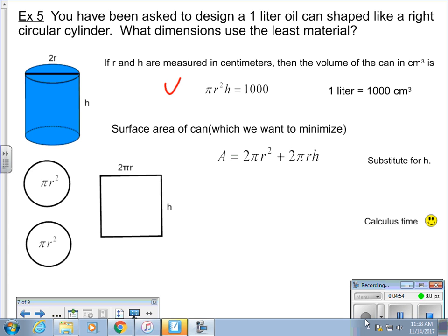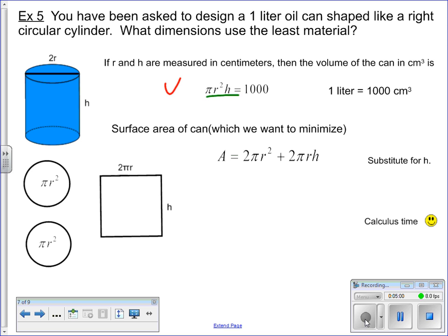So what you do is you go up to this top one, your volume equation, and you solve that for H. Divide both sides by pi r squared, and you get h equals 1,000 over pi r squared. That's the relationship between the height and the radius. Take that, plug it into the area formula.